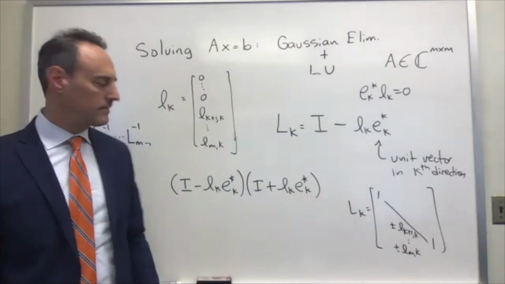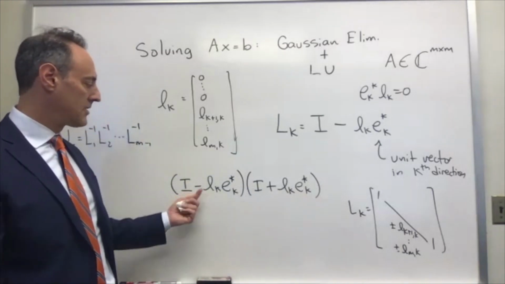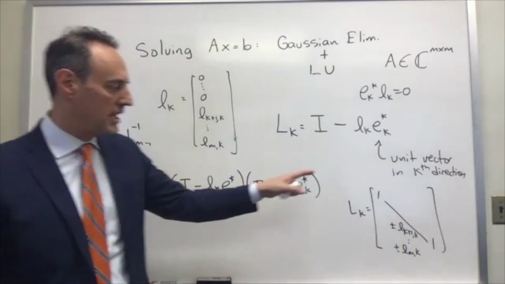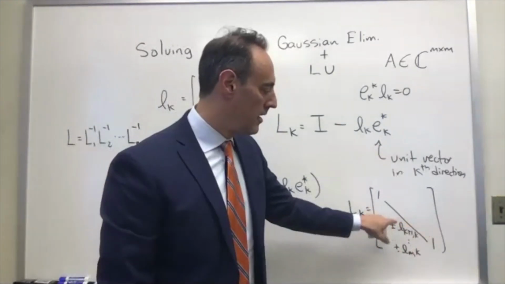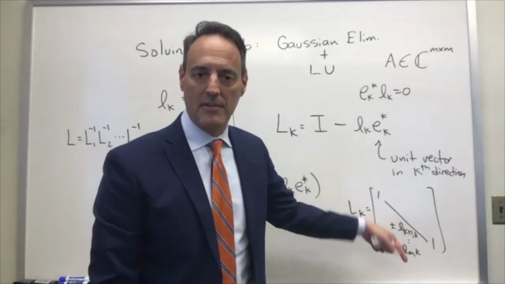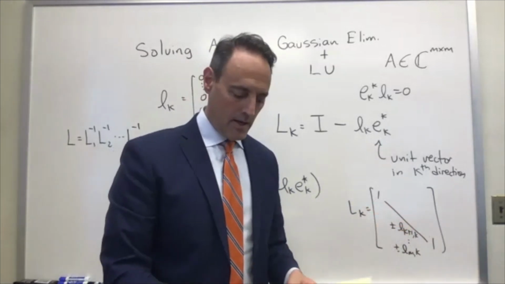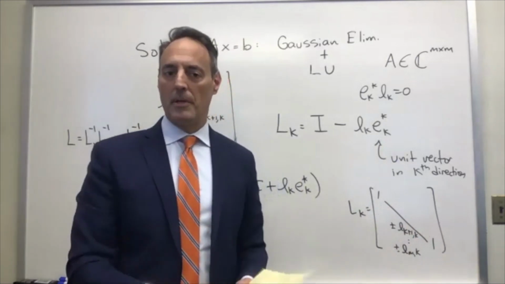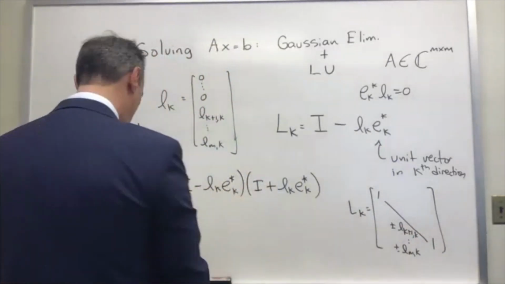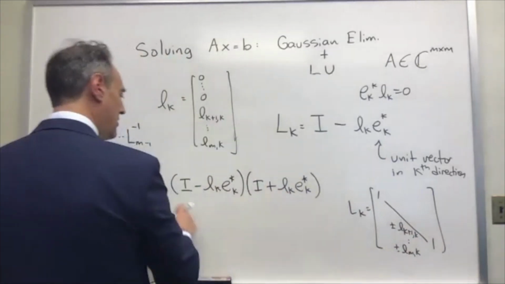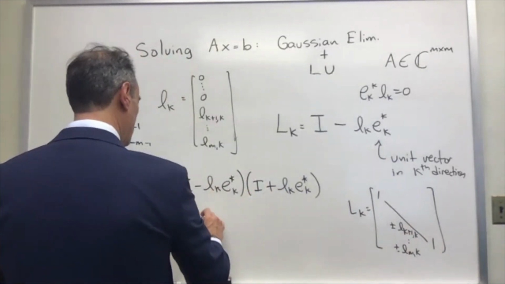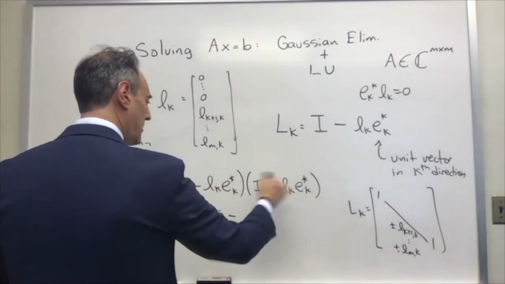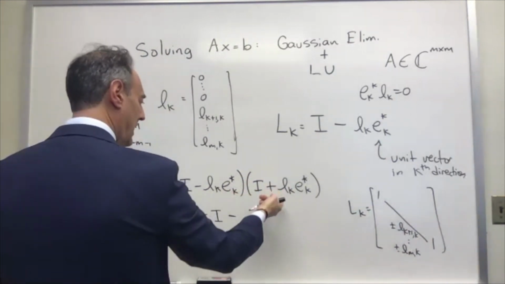So I'm going to take the one that has the minus sign and multiply it by this one here, which has a plus sign. I'm just taking this matrix and multiplying it by itself, one with a negative sign, one with a plus sign. The reason I'm doing this will become clear in a moment. When you do the multiplication out, you get your I squared, which is just identity again. The cross terms cancel: you have plus this and minus this.